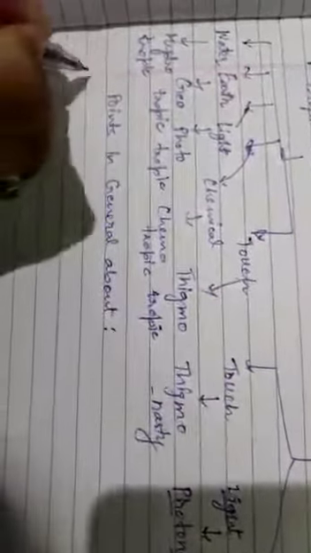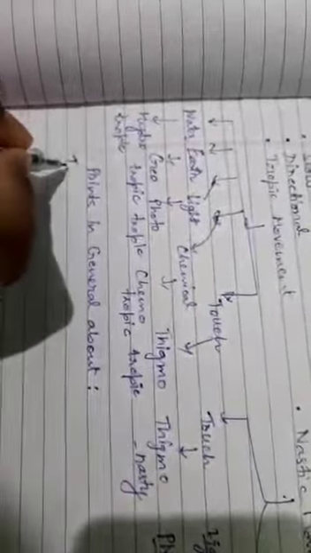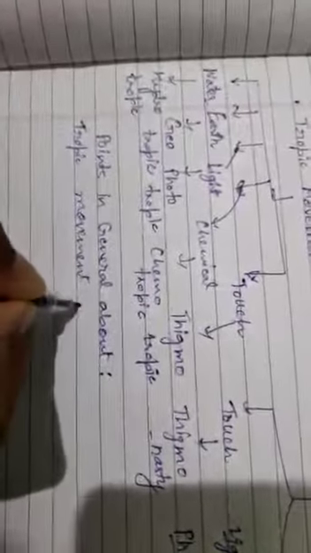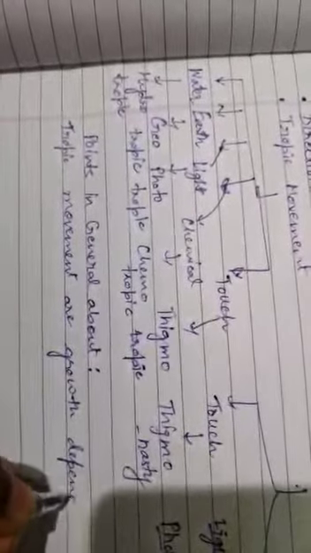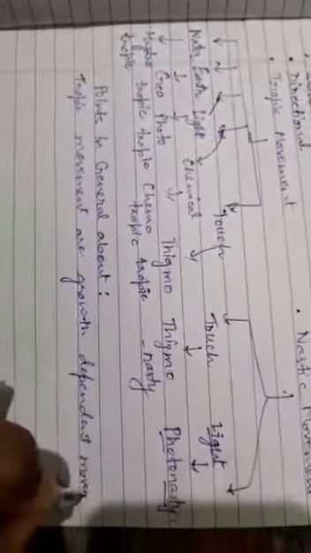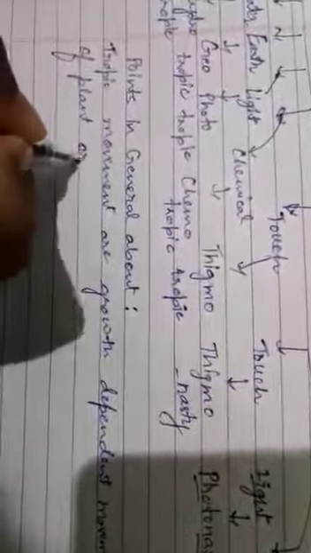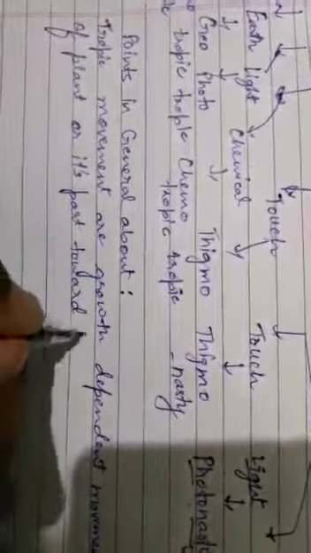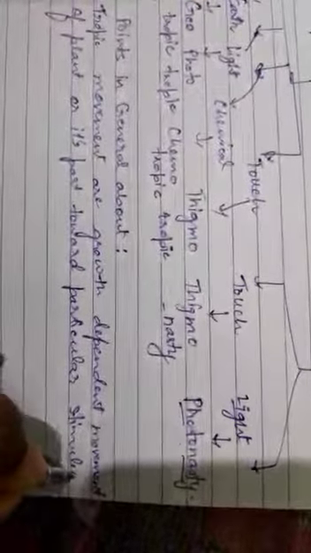Regarding the definition, as we have seen in the flow chart, the definition of all the tropic movements will be: the tropic movements are growth dependent movements of a plant or its part toward a particular stimulus and particular direction.